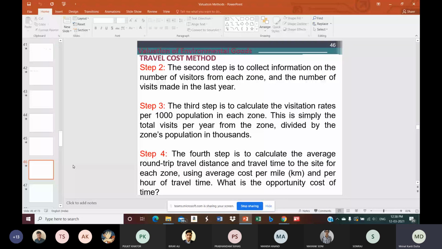So how much average round trip travel distance they have traveled, or how much travel time they have made use of, we try to find out the average cost per kilometer and average cost per hour of travel time. Those things can be estimated, and at the same time, as we have pointed out, travel time is important, so the opportunity cost of travel time is also estimated.